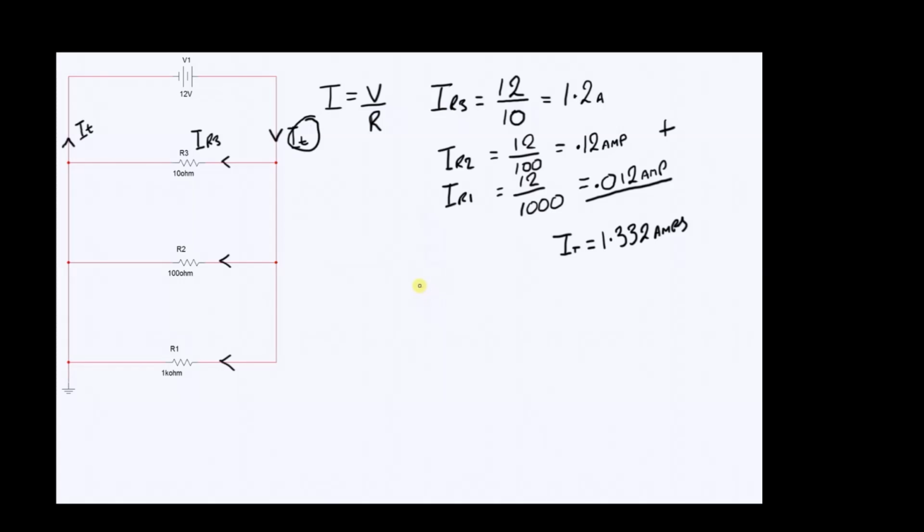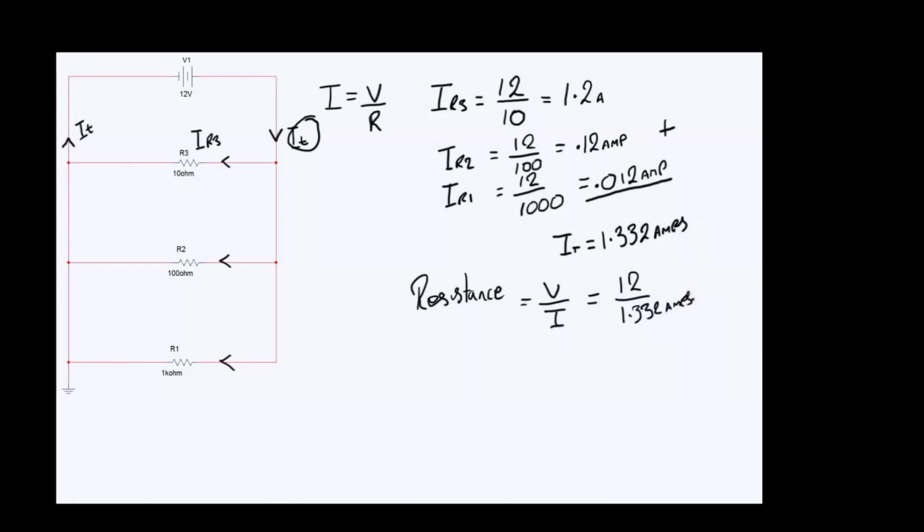Now Ohm's law tells us that resistance is equal to V divided by I. Therefore, for our circuit, the total resistance will be 12 divided by 1.332 amps.